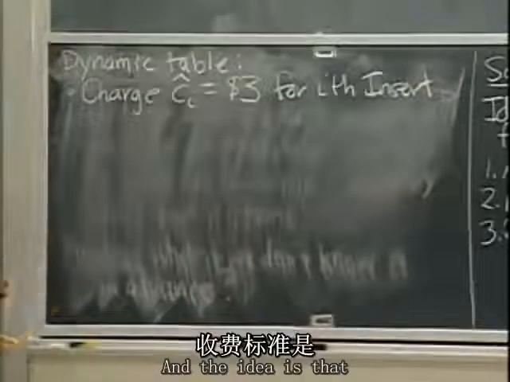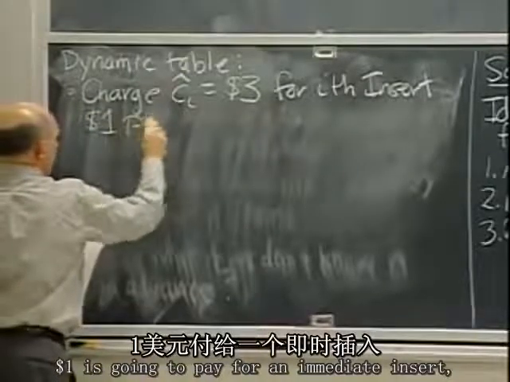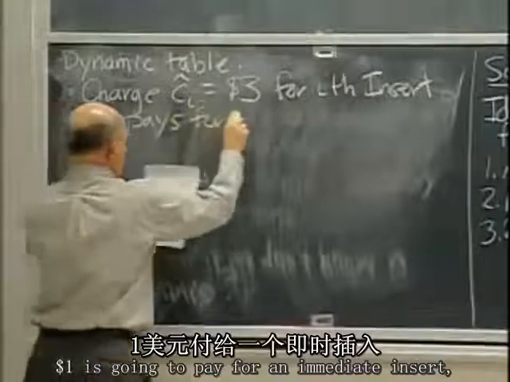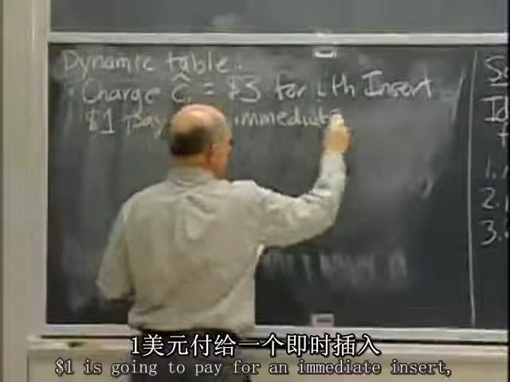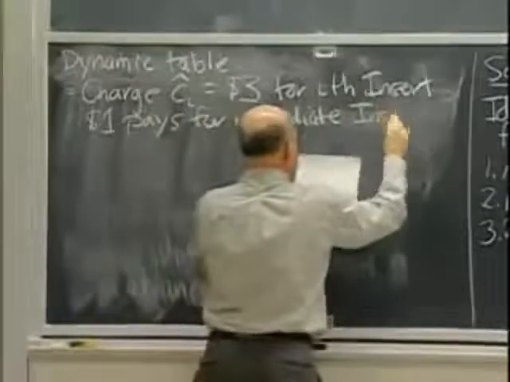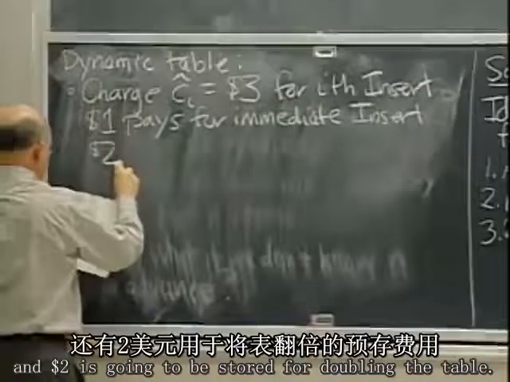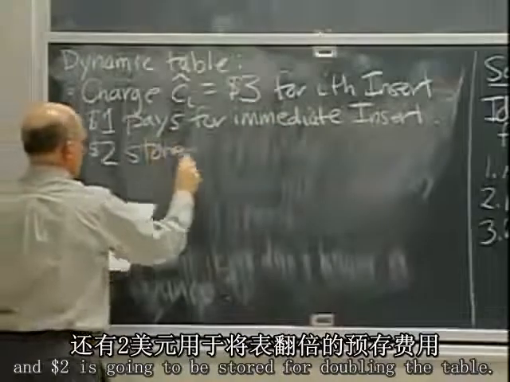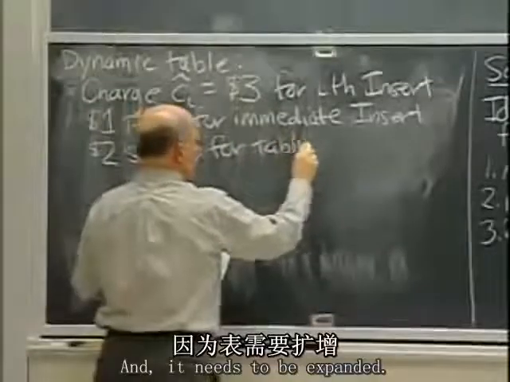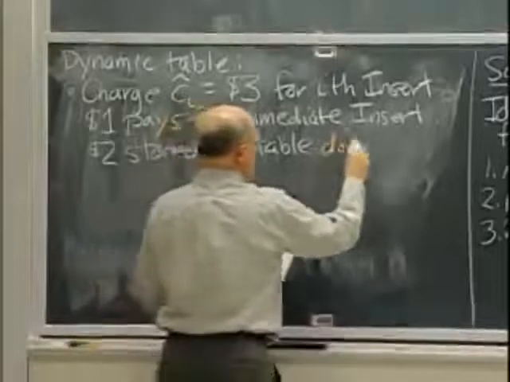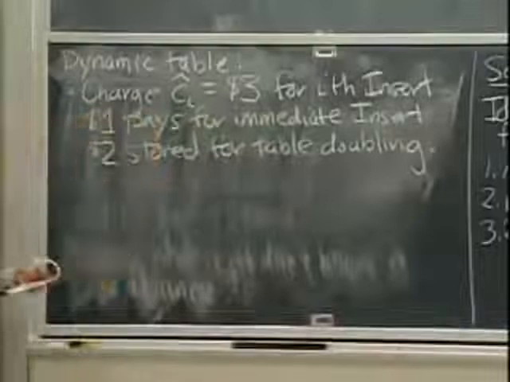And the idea is that $1 is going to pay for an immediate insert, and $2 is going to be stored for doubling the table when it needs to be expanded. Okay.